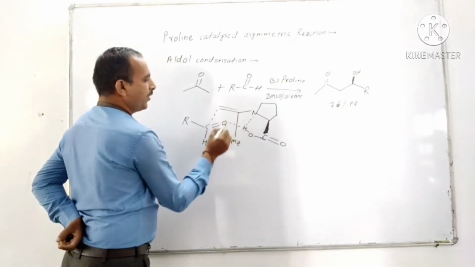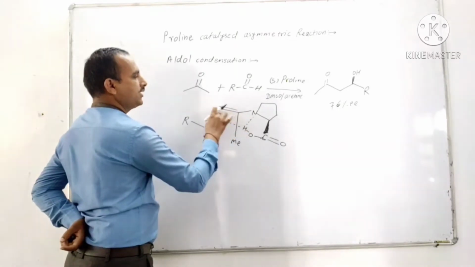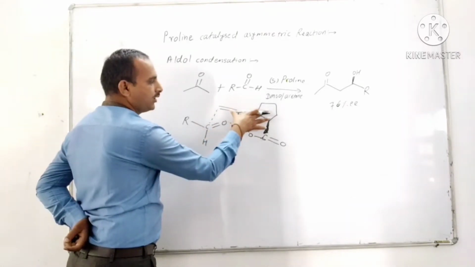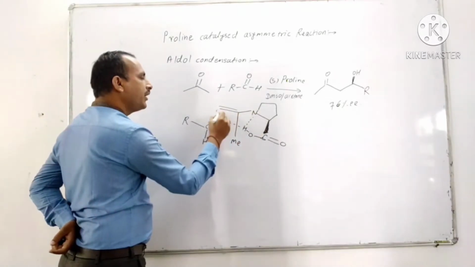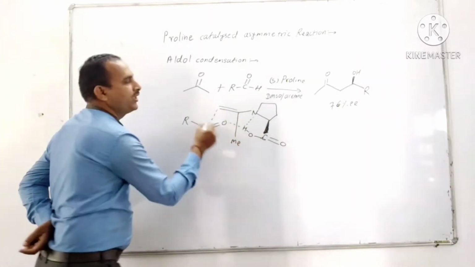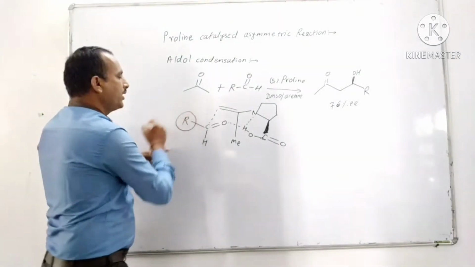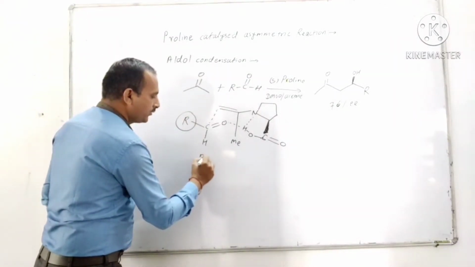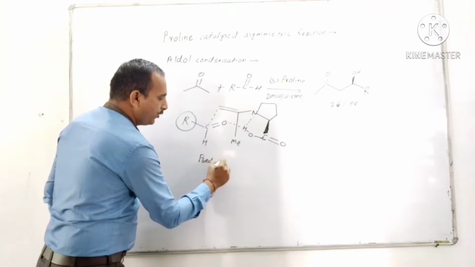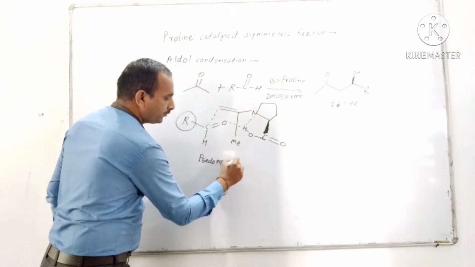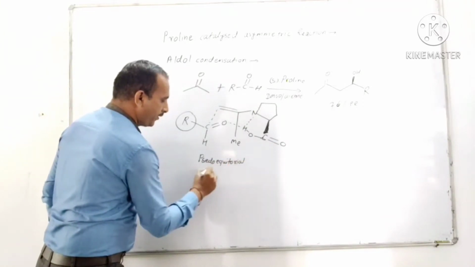So this is the 6-member transition state. This is the enamine intermediate, and the enamine intermediate attacks the carbonyl through this 6-member transition state, where this R group is present at the pseudo-equatorial position.